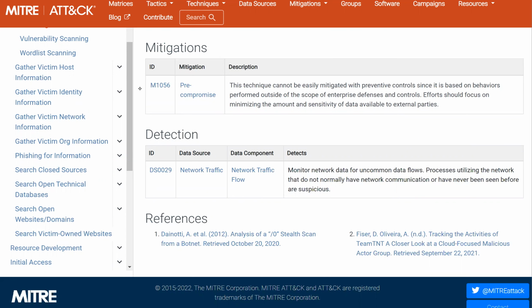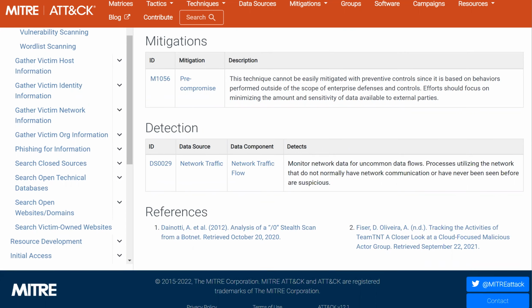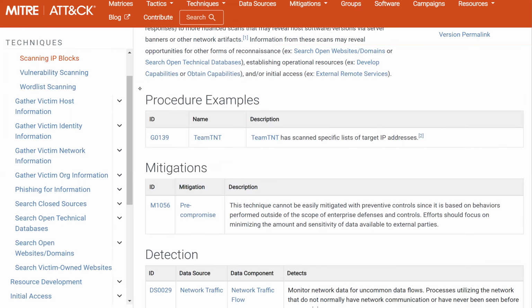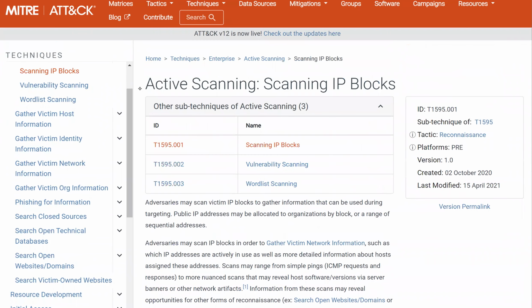Efforts should be focused on minimizing the amount of sensitive data available to external parties. Okay, that's great. And then for detection, monitor network data for uncommon data flows. Processes utilizing the network that do not normally have network communications or have never been seen before are suspicious. Okay, so that's great. So we need to know that. So where do we go to from here?